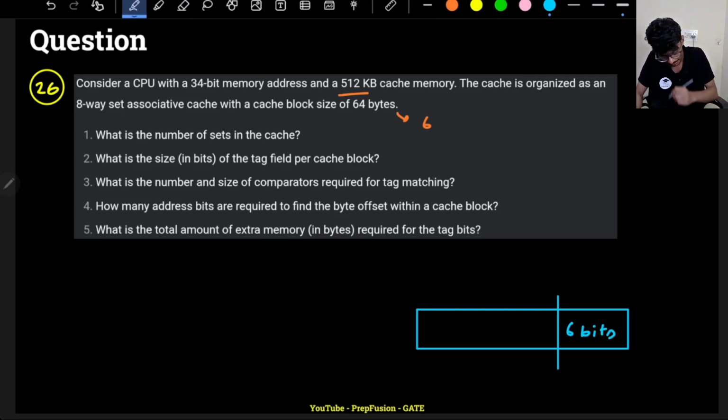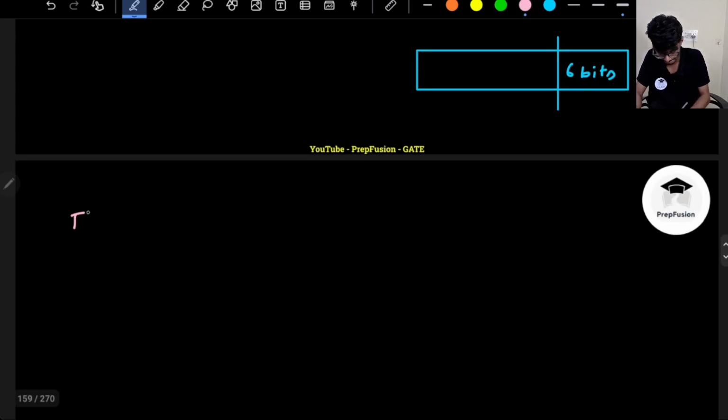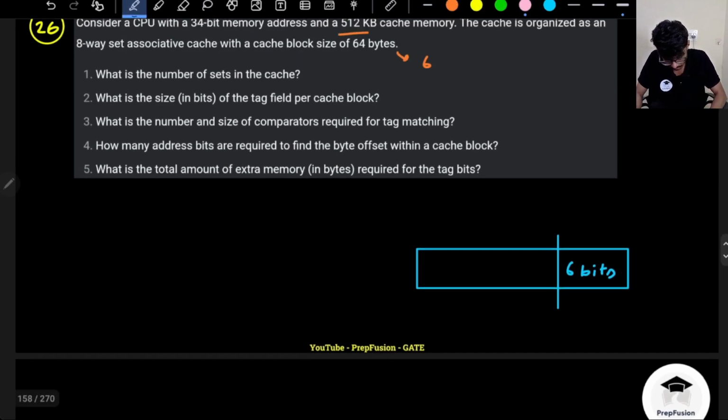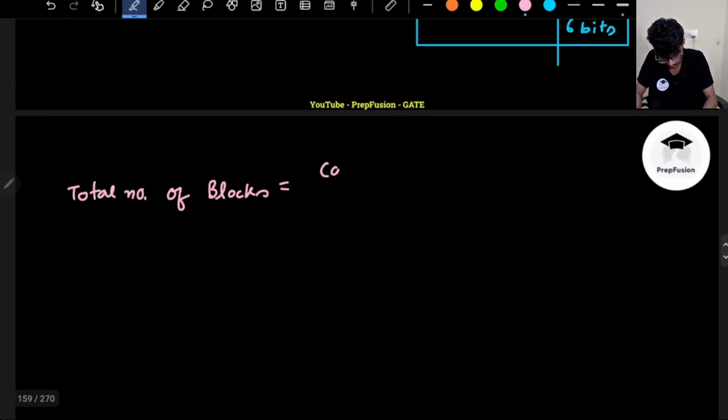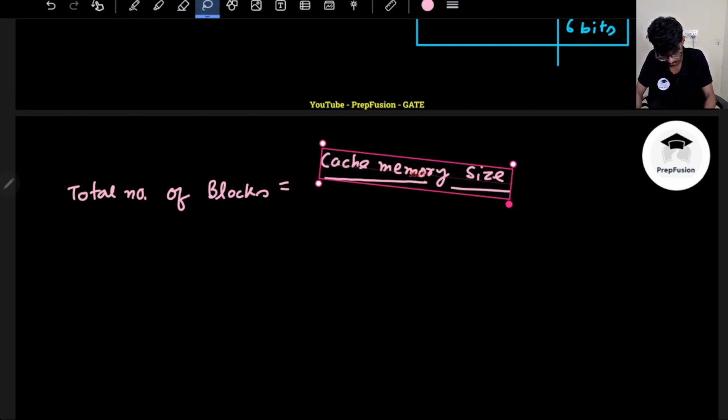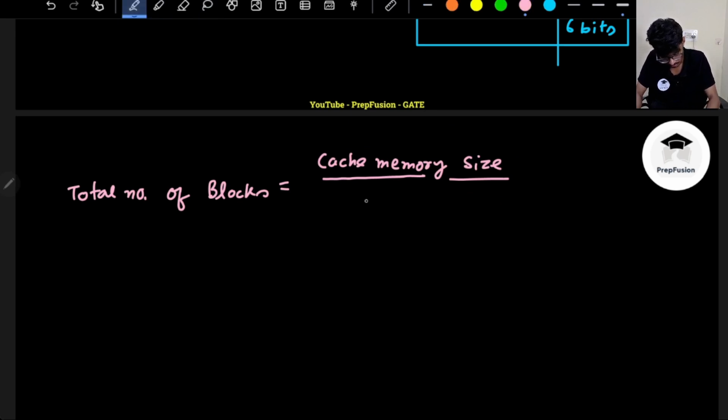And then what is the total number of blocks? Total number of blocks is equal to the cache memory size divided by the block size.